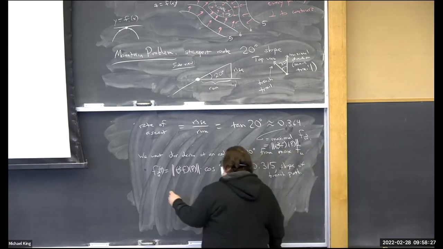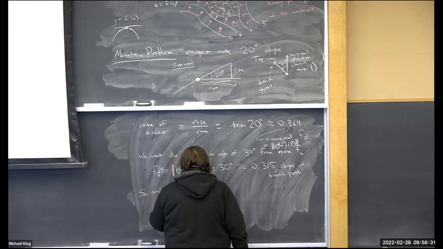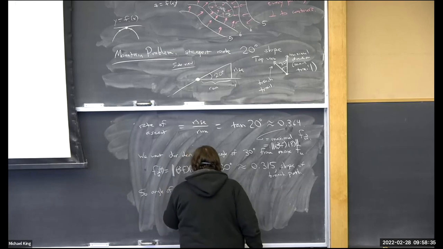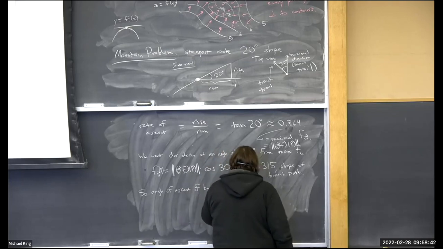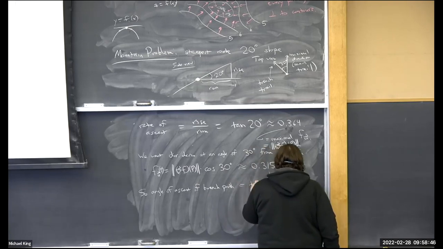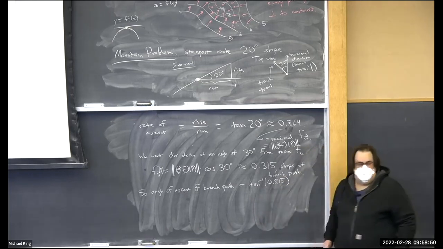So the angle of ascent of the branch path is the inverse tangent of this 0.315, in degrees.